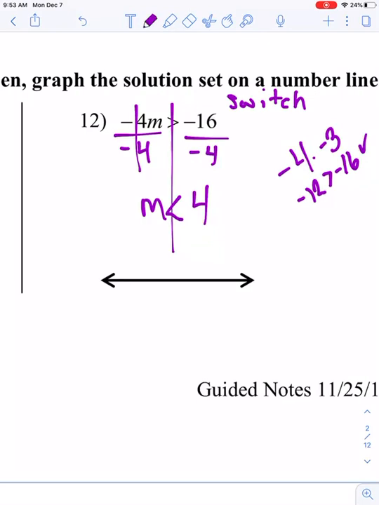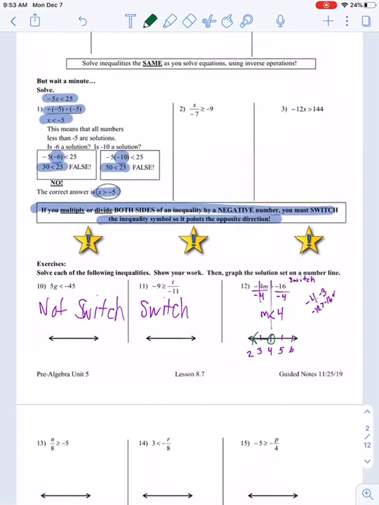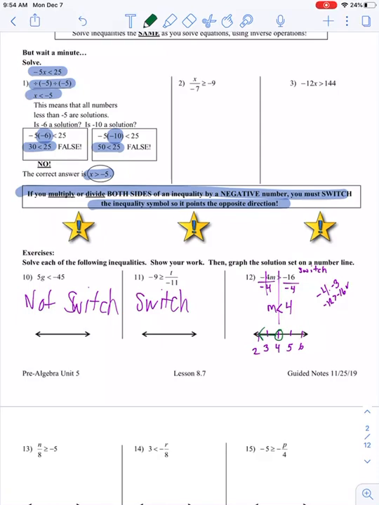If you would pick a number that's greater than 4, like 5, you're not going to get a true statement. All right, and then we'd graph it. So 4, 5, 6, 3, 2. That's going to be an open circle, and it's less than 4, so it's going to the left. So again, you're only switching your symbols when it is a negative and you're multiplying or dividing in an inequality.